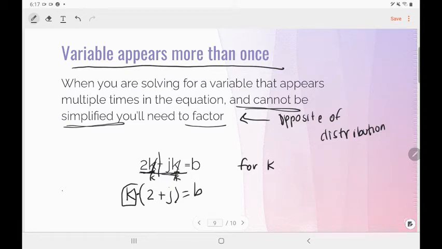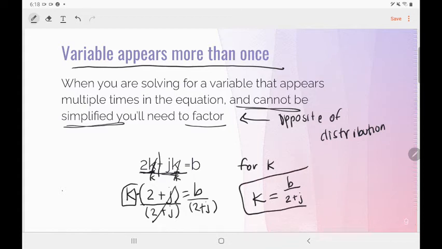That means in order to solve for k, just like yesterday we talked about, I am going to divide by this entire parentheses, 2 plus j, divided by 2 plus j. And that means I have left over, because those two parentheses, 2 plus j's, are going to cancel out, k is equal to b divided by, and I can drop those parentheses now that there's nothing on the outside, 2 plus j. And that would be my final answer.